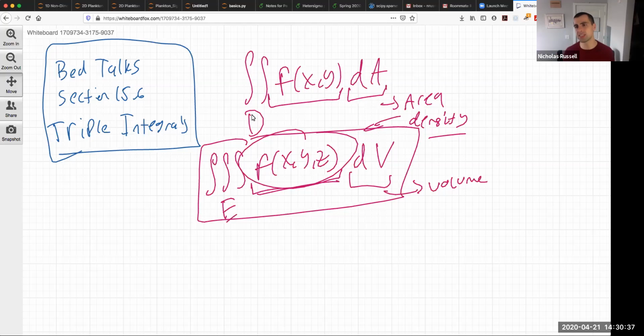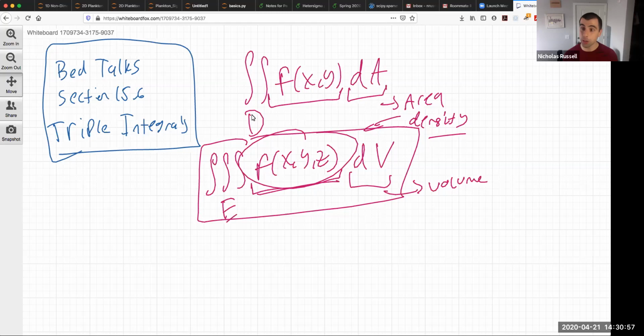How dense is the object? It could be all the same, it could be all different, depending on what materials you're trying to integrate over. And if I integrate that three times over x, y, and z, I can get the mass of the object. So that's the general interpretation of this. It could be negative.